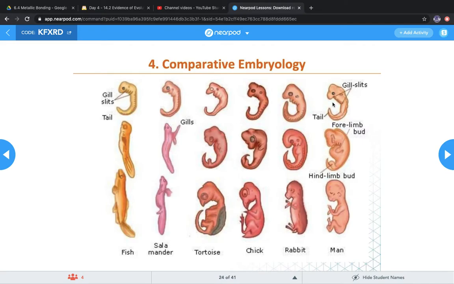So even though we all look extremely similar in our embryo state, different parts of us develop in different ways, right? So this is how we can use comparative embryology to study patterns of evolution. By looking at all kinds of vertebrates that have very similar structures as embryos, we can determine that there's a possibility that they shared a common ancestor which gave this to them.